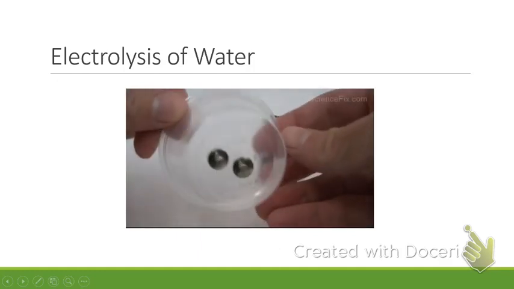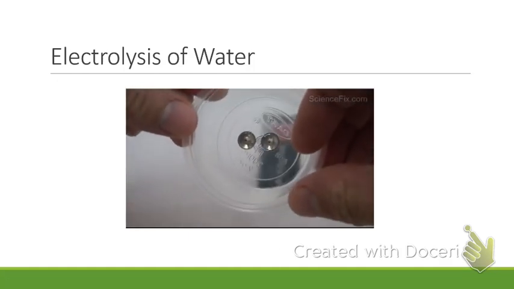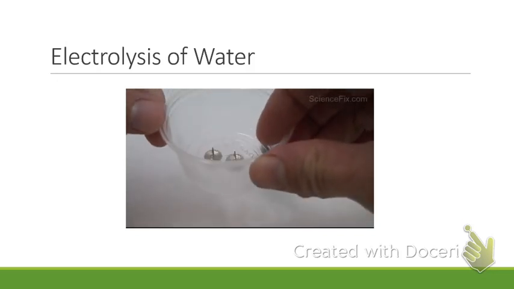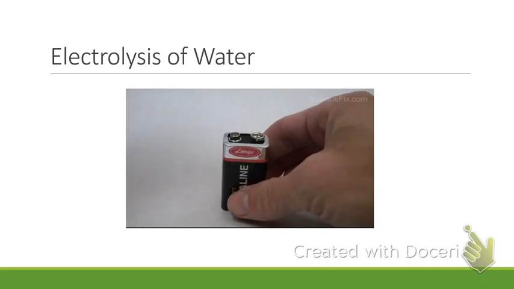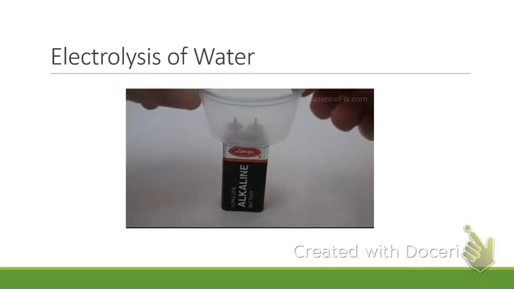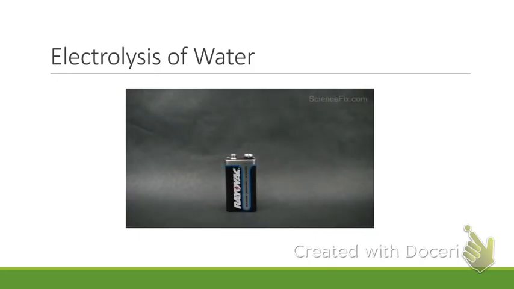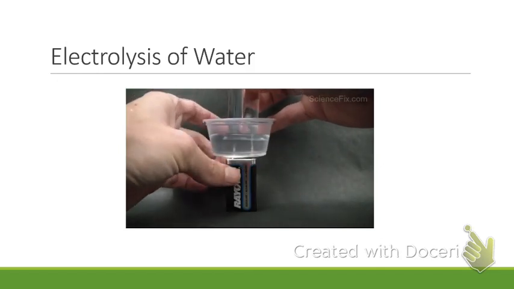In that small plastic container are two metal push pins, and they're inserted a distance that's between the positive and negative lead of the 9-volt battery. So you just insert them in there and make sure that they're that distance apart, and that should be fine. In the container is going to be some water that has baking soda mixed into it.